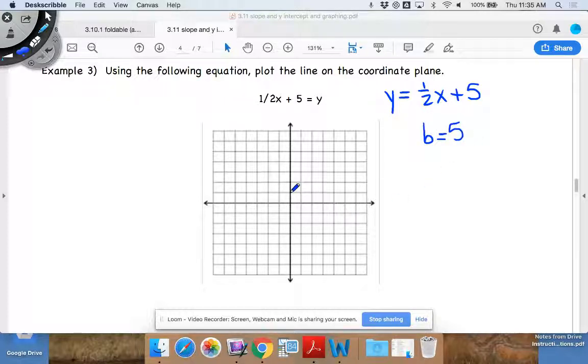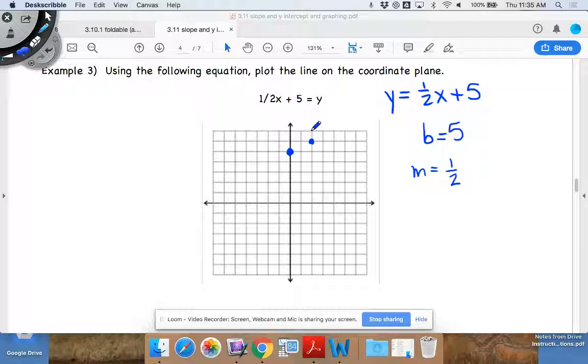So I'm going to go up 5, put a dot. Now I'm going to look at my slope. In this case, it is 1/2, and it's positive. So that tells me I'm going to rise 1 and run 2. Is that going to make a positive slope when I'm done?